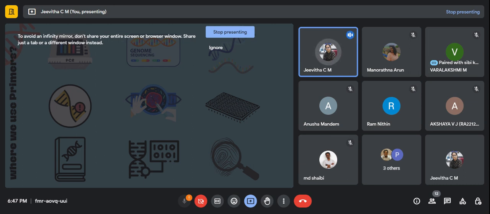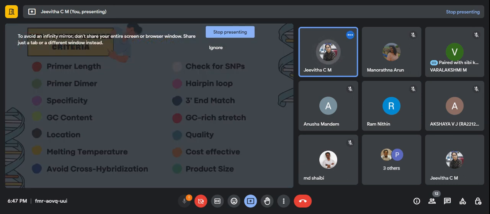And how we are going to design primers is, we need to focus on certain criteria. There are many criteria when we have to design primers. We have to focus on the length, what length we are designing, and we have to see whether there is any loop formation, which is a hairpin loop, and primer dimer. And specificity means you have to focus on being specific to one region. This comes when you are designing for qPCR, because when primer designing for qPCR, we particularly focus on the 3' UTR.